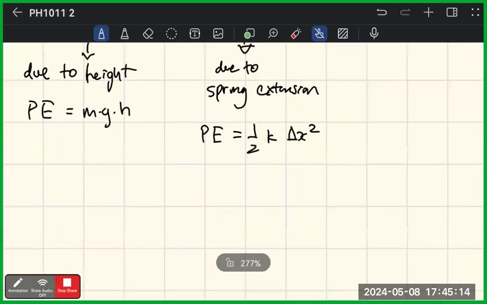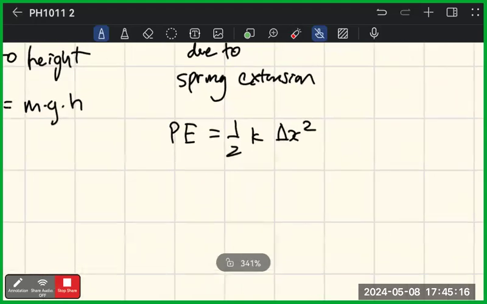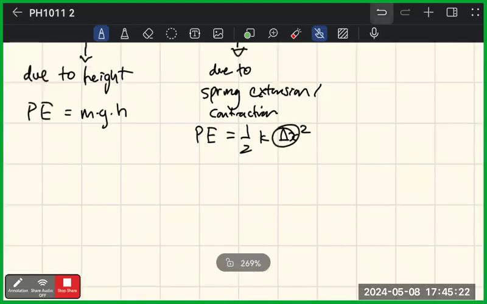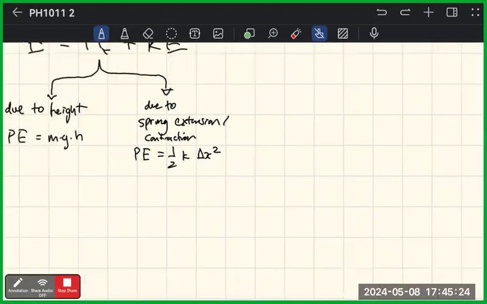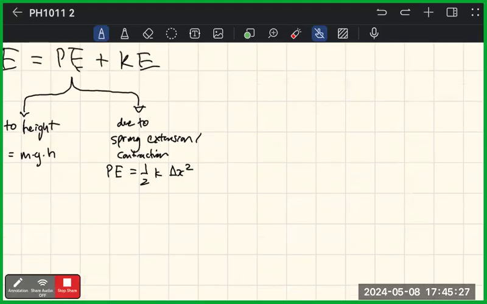It's not only extension, it can also be contraction, but delta x is the change in the spring length, and I think that's it.